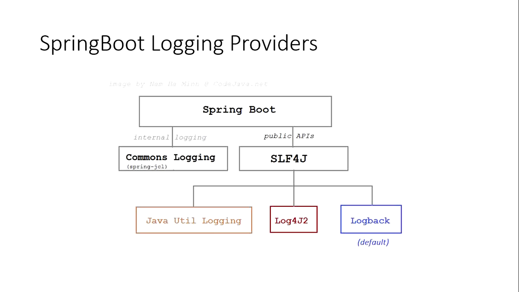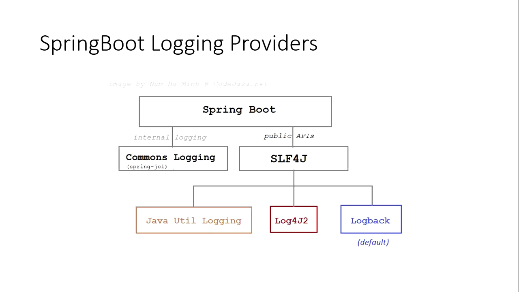He thought, let's write one more logging framework, a successor of log4j, to overcome the drawbacks of the old log4j. By that way, logback came into the picture with much better performance compared to log4j, and many new features were introduced in logback.